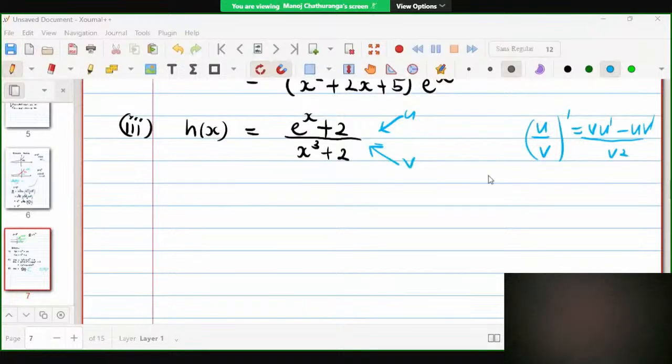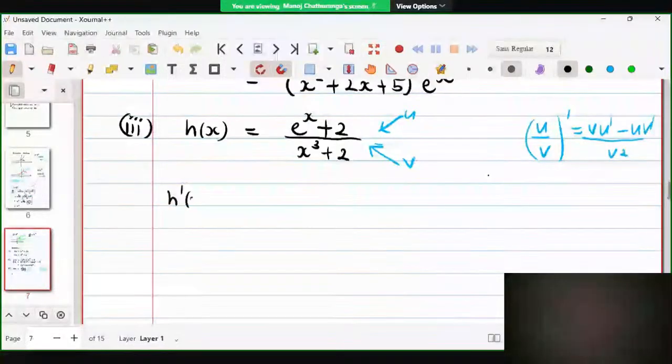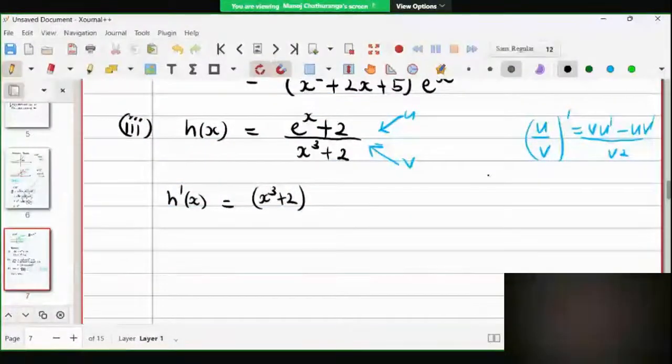Now, take the denominator. Differentiate the numerator. The derivative of e to the power x is e to the power x. The derivative of plus 2 is 0.